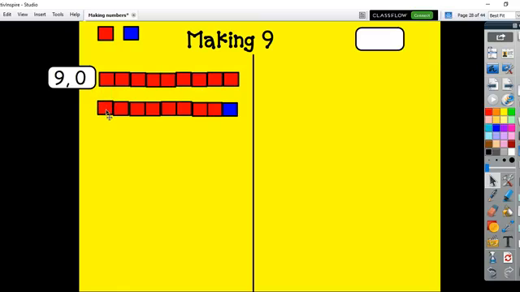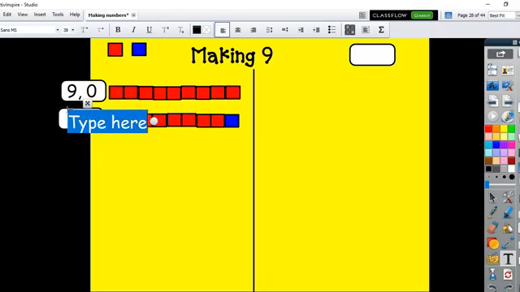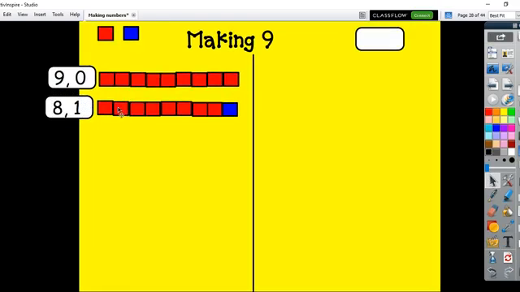So now I'm going to go back and count just the reds. 1, 2, 3, 4, 5, 6, 7, 8. So this time I would have 8 red and 1 blue. So that's how I built that one.